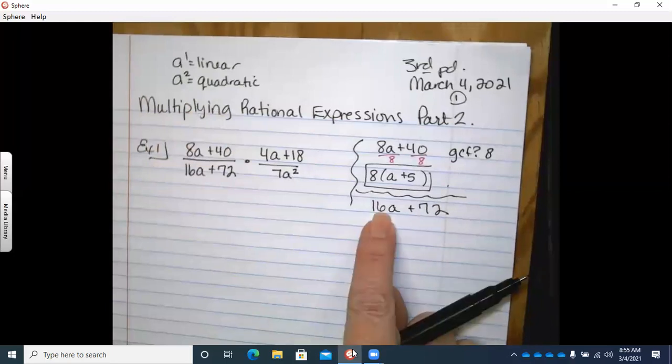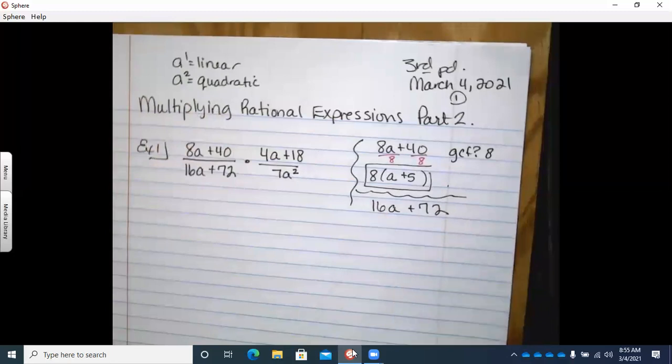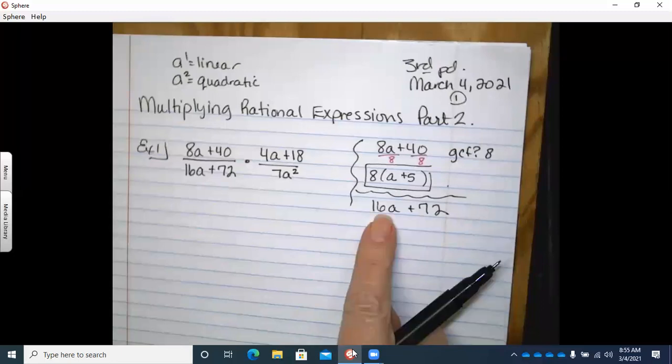Will 16 divide into 72 evenly? Y'all have calculators on your desk, tell me. No, so 16 can't be a GCF. Your GCF can't be any number larger than the smallest number.